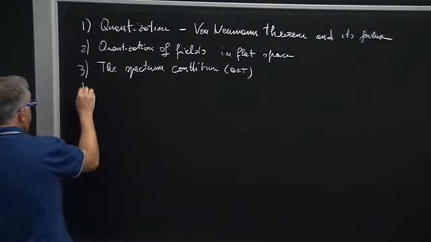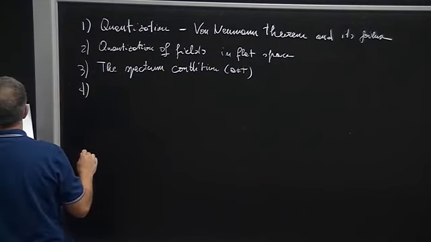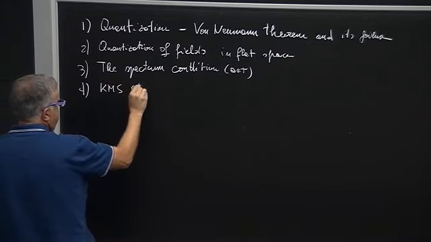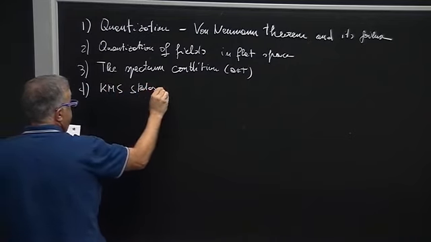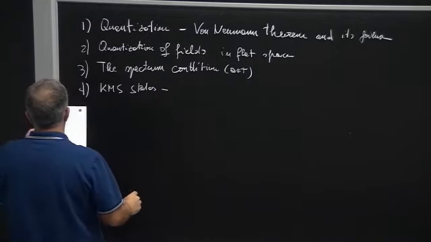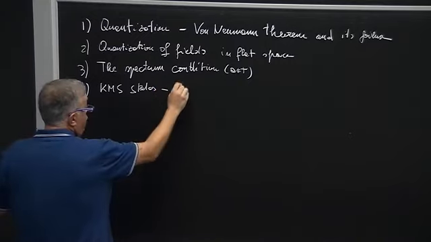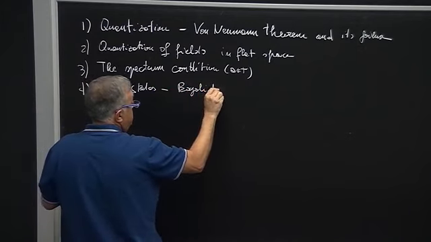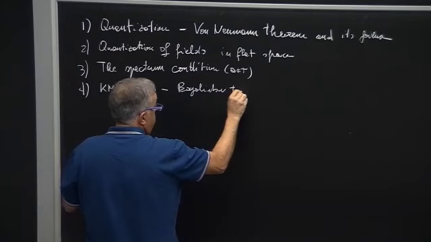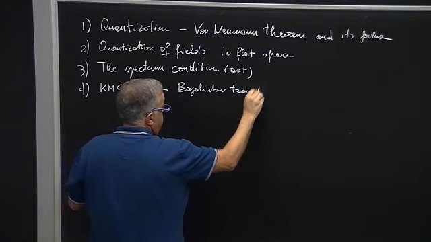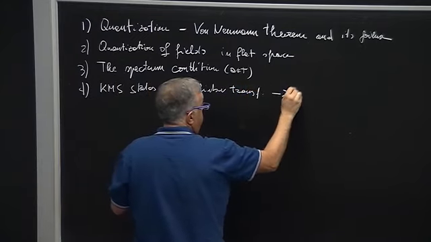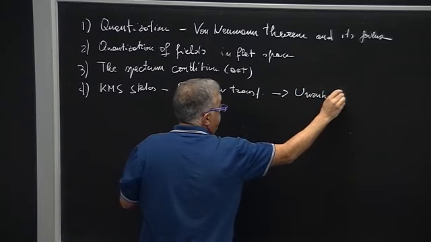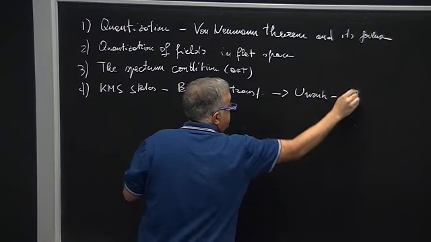In the fourth topic, we will talk about KMS states, thermal field theory, and Bogoliubov transformations, leading to the Unruh type effect.